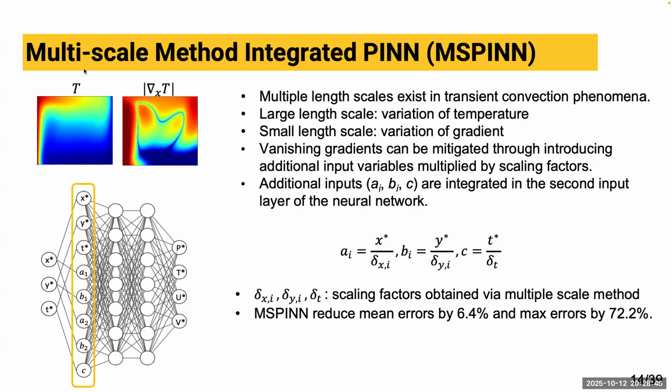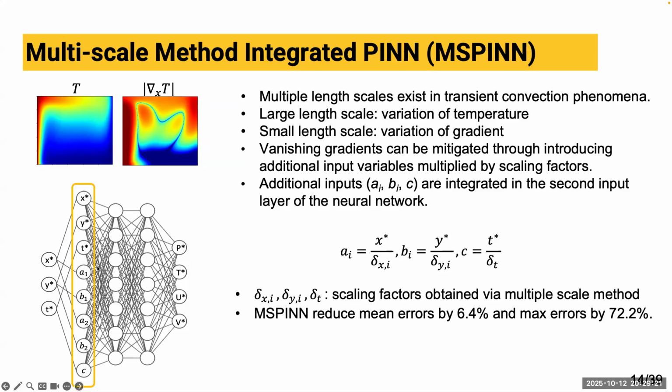So in order to improve the accuracy, we expanded the input variables from just x, y, t to variables including the scaled input variables, and those are A, B, C. A, B, C are the scaled variables of x, y, t, which are divided by the scaling factors, deltas, and we obtain these scaling factors using multi-scale methods.